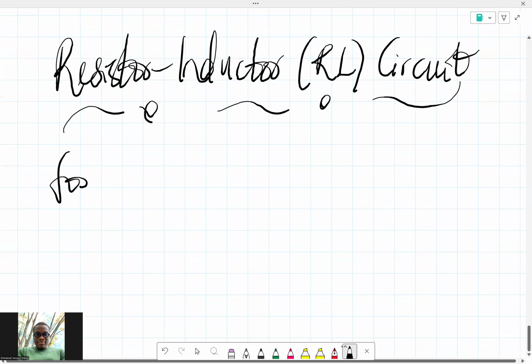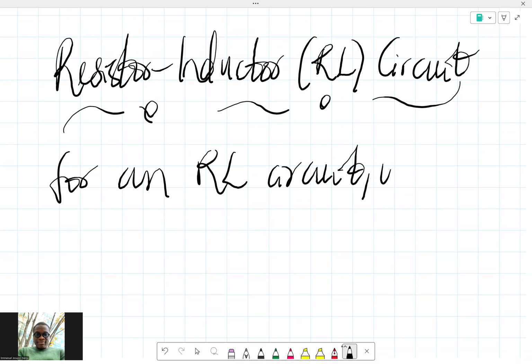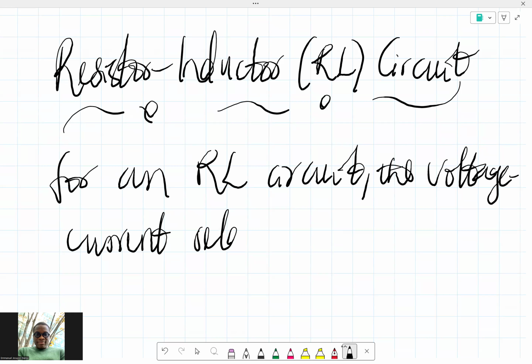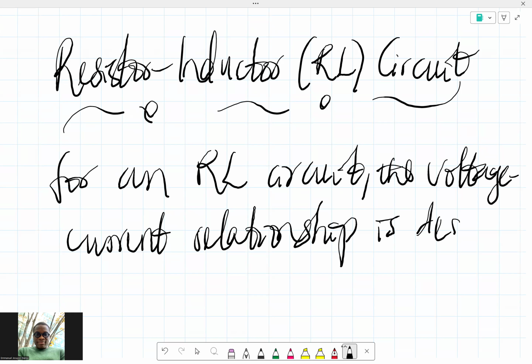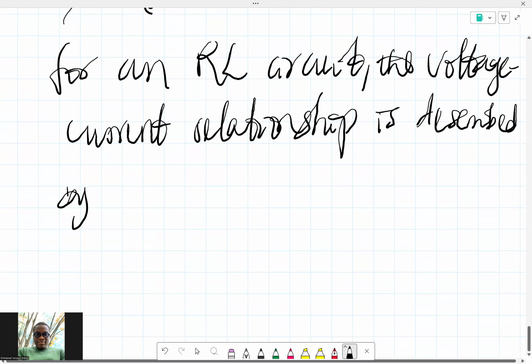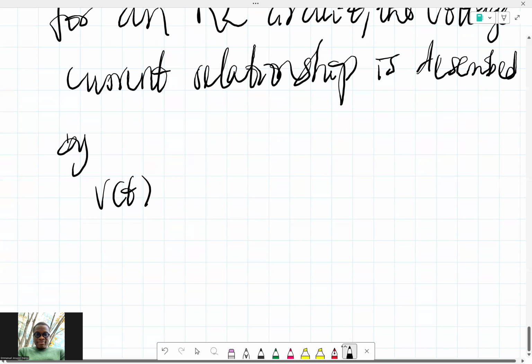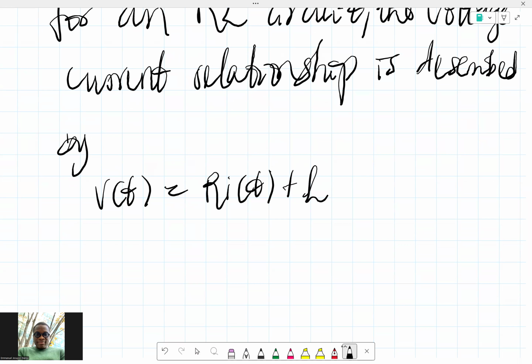So here, for an RL circuit, the voltage current relationship is described by the equation v(t) equals R i(t) plus the inductor, L di(t)/dt.